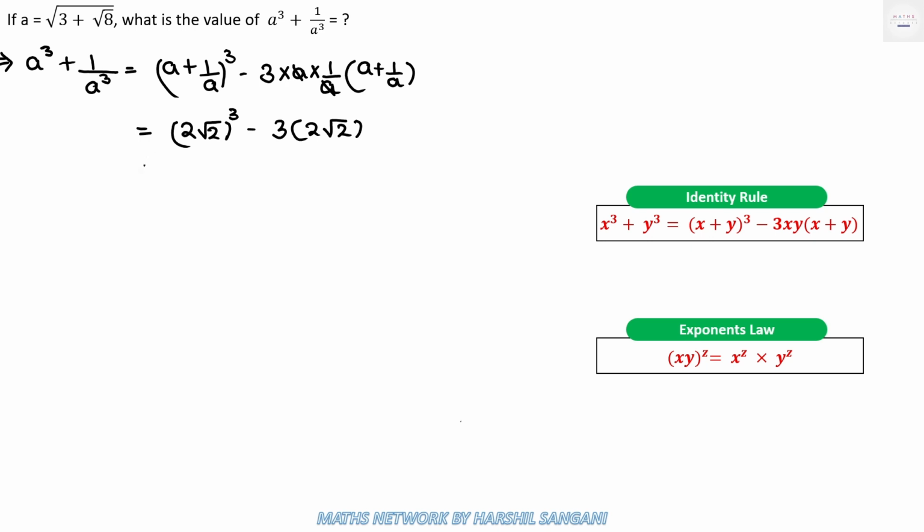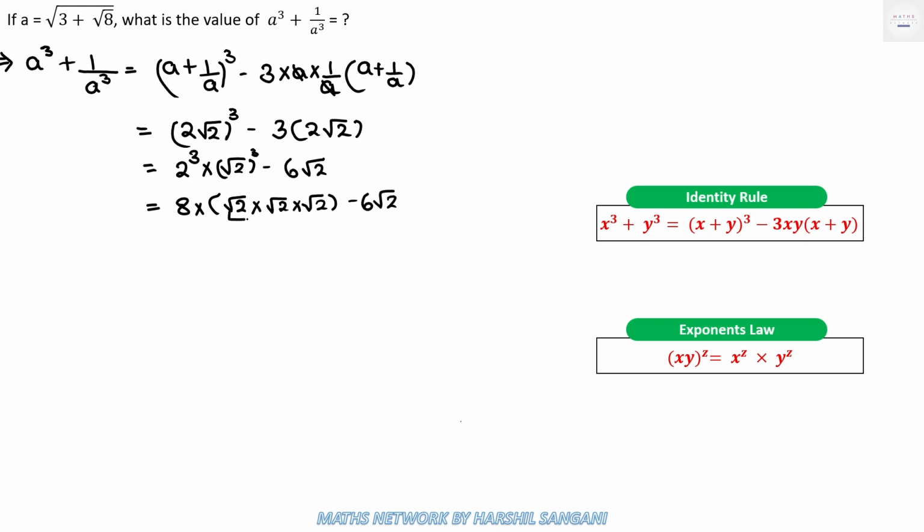So guys, when we apply this law here, we will get 2 cube multiplied by root 2 whole cube minus 6 root 2 after doing the multiplication. So now guys, we write 2 cube as 8 and open up the bracket of root 2 whole cube. So it will be root 2 multiplied by root 2 multiplied by root 2 and then minus 6 root 2.